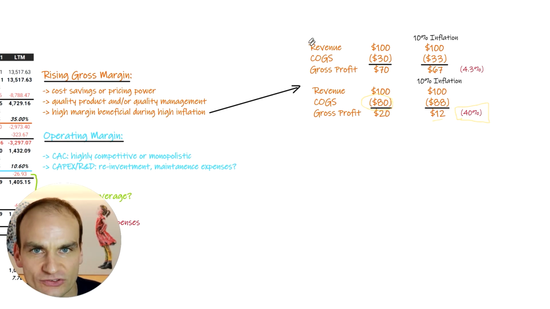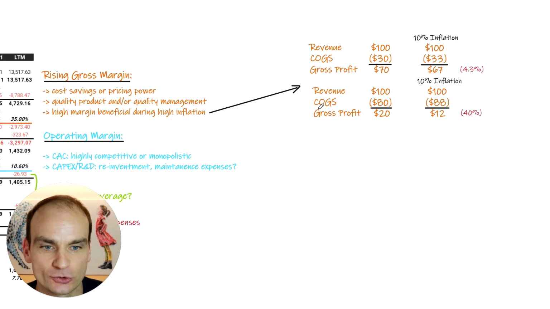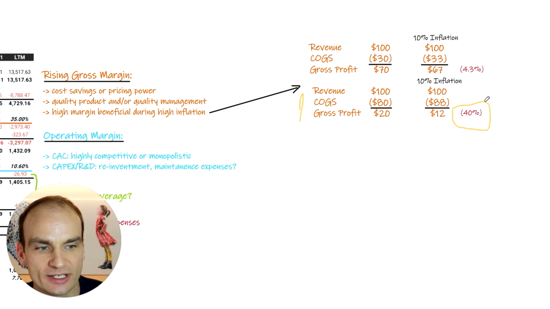The reason why this is important: if the product is good quality, yes, you can pass on higher costs, but look at the gap between the low margin product and the high margin product. You don't need to pass on a huge amount of price hikes just to offset this decline in profitability, whereas with company B, you've got to factor in massive price hikes to offset a 40% decline in your profitability.